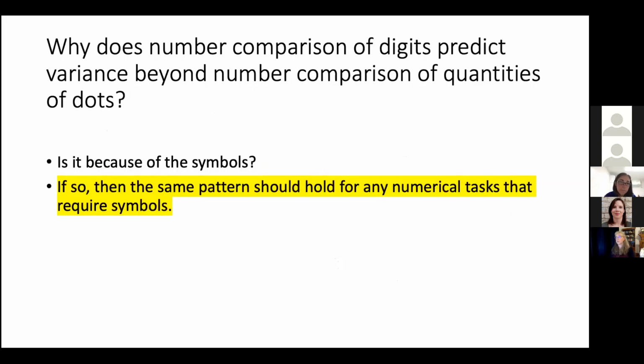So if that's true, then the additional unique variance that the digit comparison accounts for is presumably because of children's developing symbol knowledge. And that's supported by the pattern where the difference gets smaller for dots versus digits. It also suggests that the same pattern should hold for any numerical tasks that require symbols, because the digit part is picking up on their symbolic knowledge.